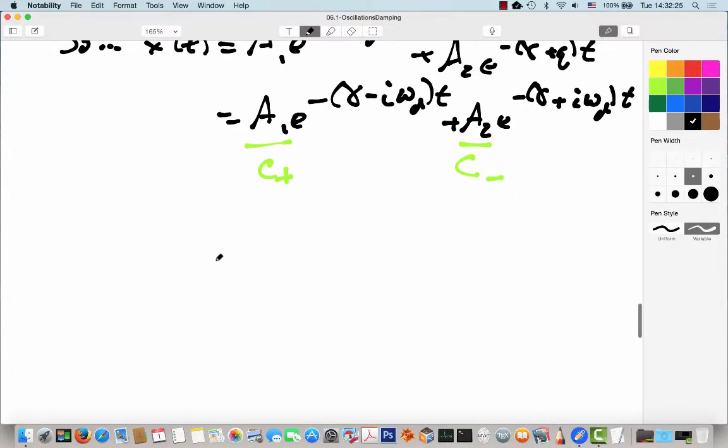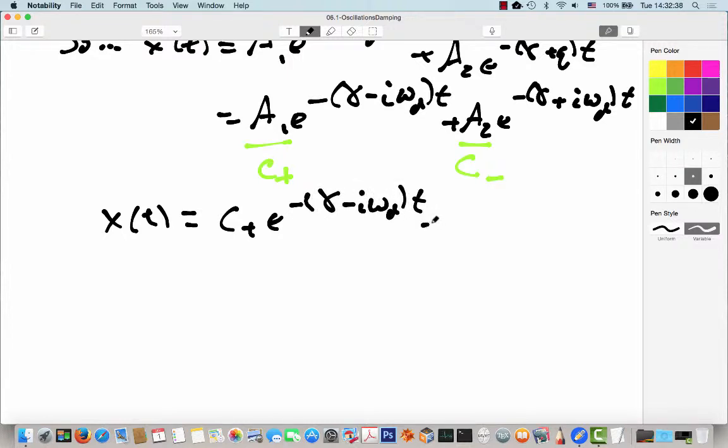So with that renaming, x of t is now C plus times e to the minus gamma minus I omega d t plus C minus e to the minus gamma plus I omega d t.